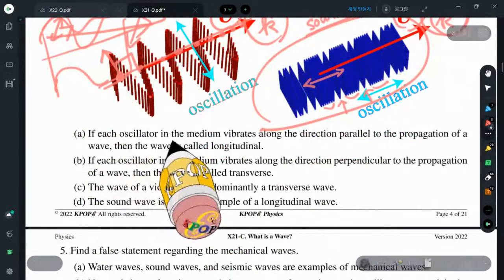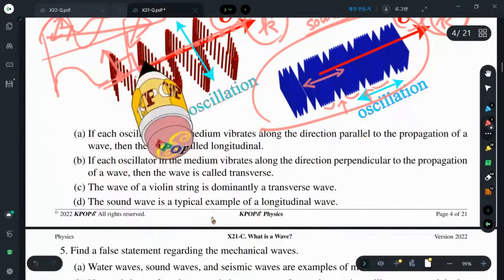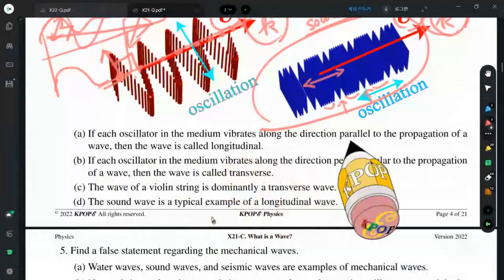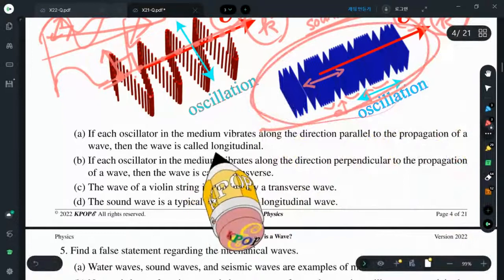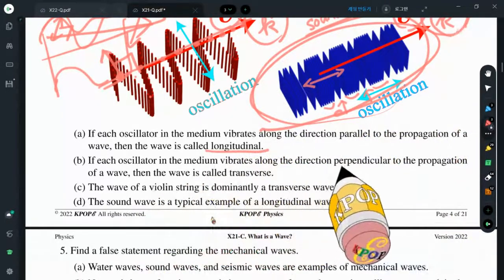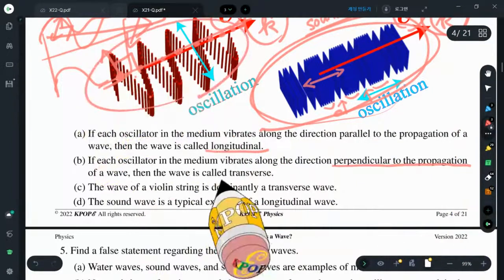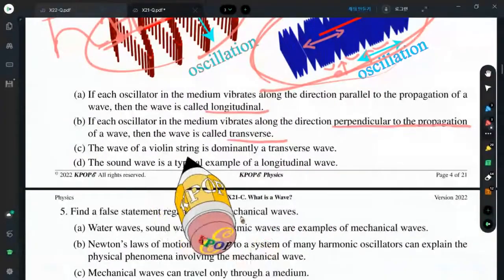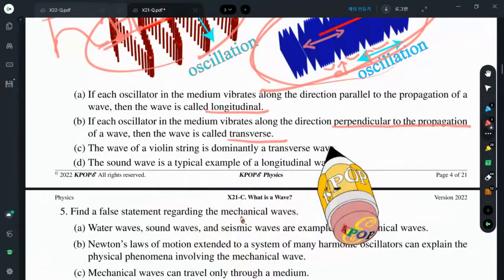If each oscillator in the medium, this bar represents each oscillator in the medium, vibrates along the direction parallel to the propagation, this is longitudinal. If it vibrates along the direction perpendicular to the propagation, this is transverse. The wave of a violin string is dominantly a transverse wave.